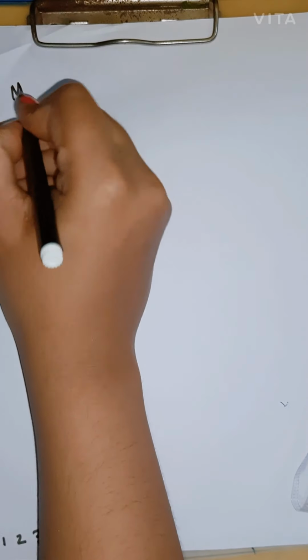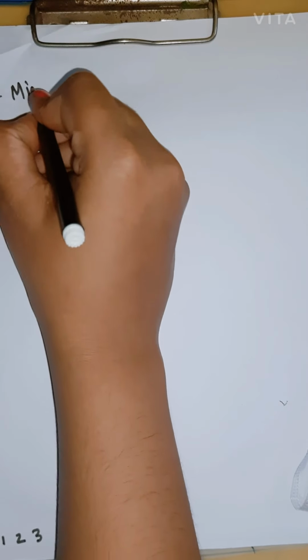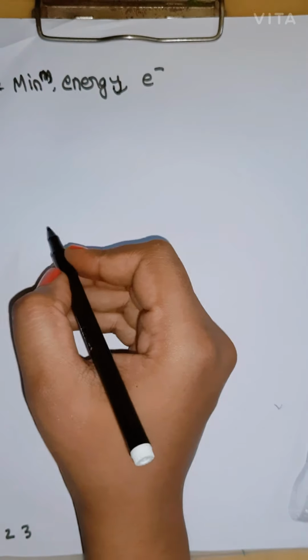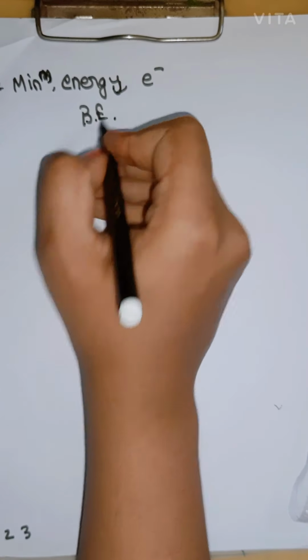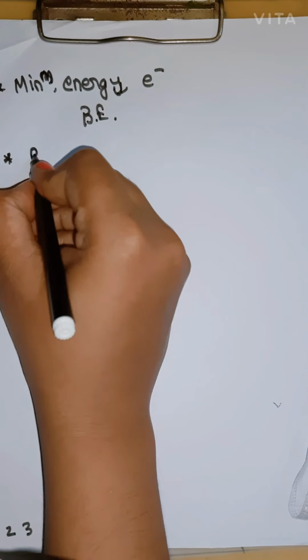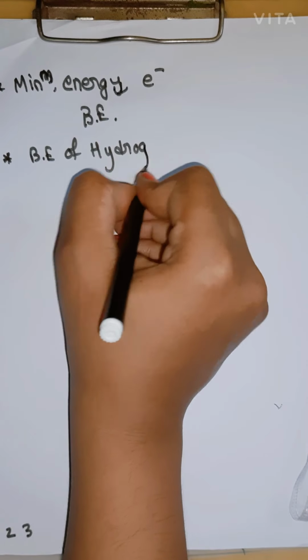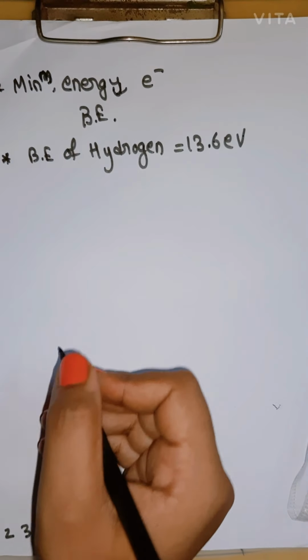And the minimum energy required to remove an electron completely from the orbit is called binding energy. So the binding energy of hydrogen is 13.6 electron volt.